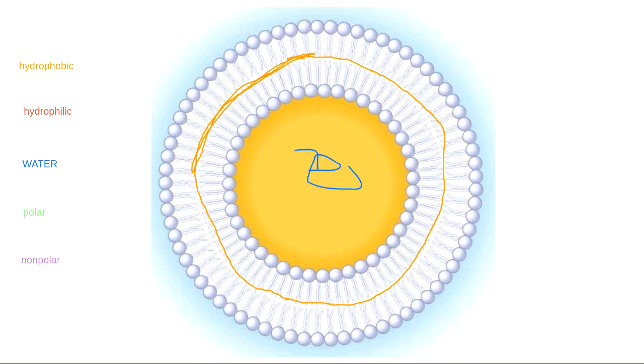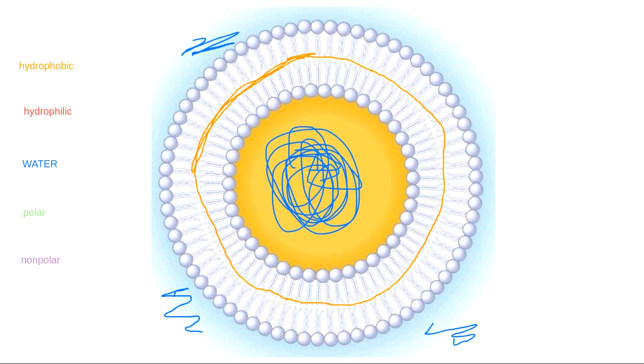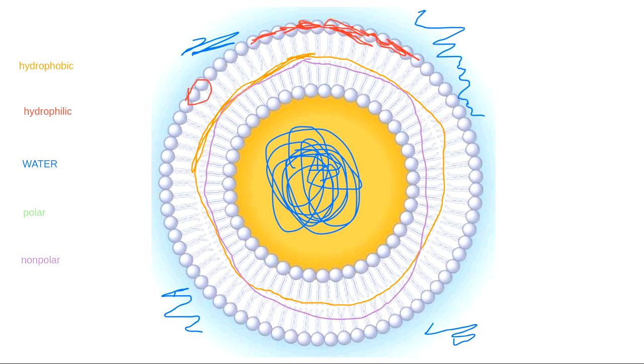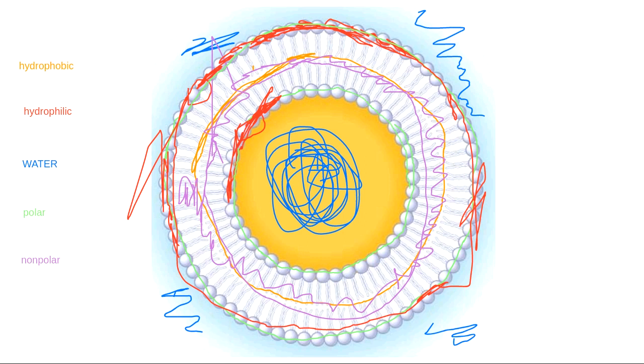So let's see if we can, as a class, do some coloring here. Okay, I'm seeing a lot of my colors. There we go. I was going to say, we're all hating on green. Awesome.